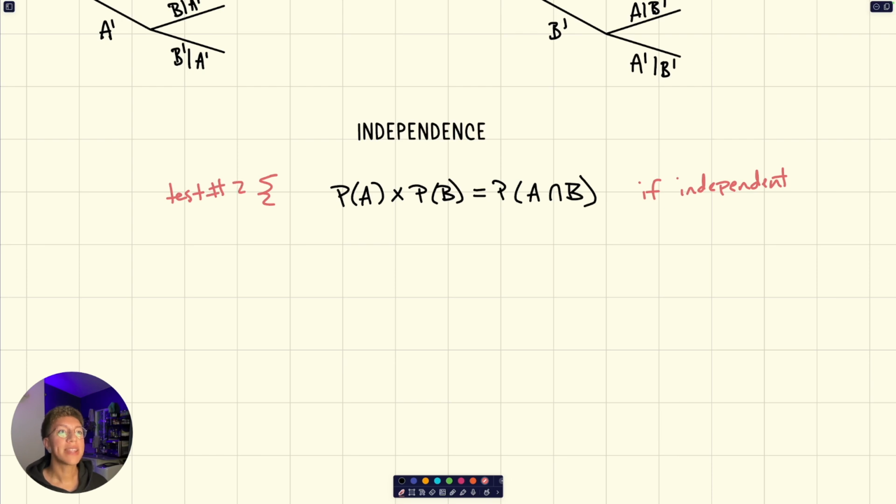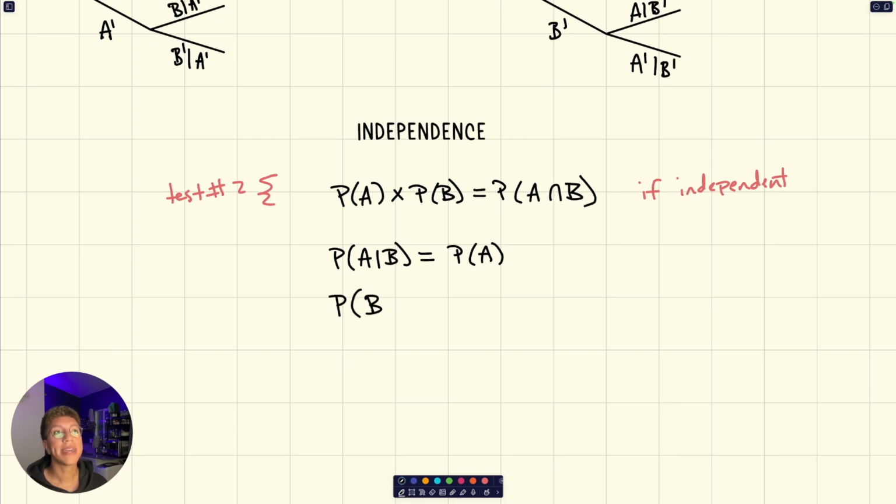And then we had the second test as well. This one made a lot more sense. We said the probability of A given B should be equal to the probability of A if they're independent. So if B happened or not, it shouldn't affect the outcome of A happening. And the reverse also had to be true.